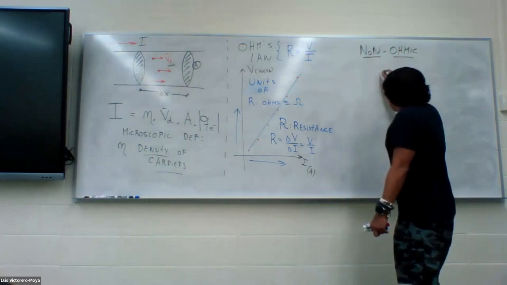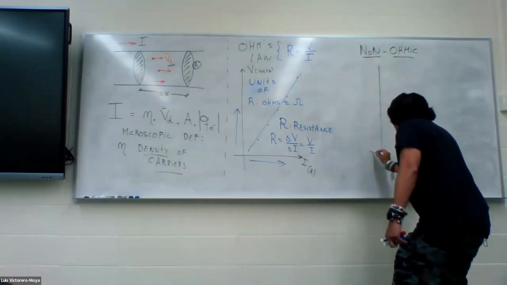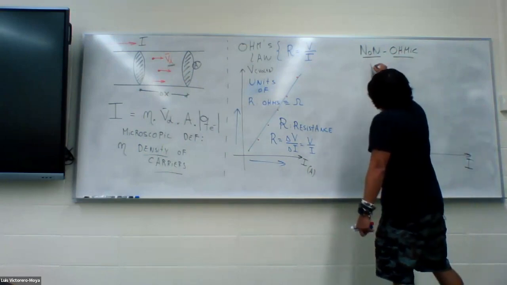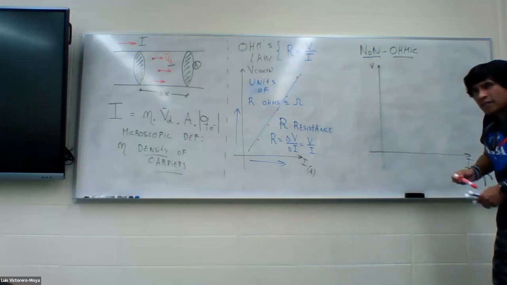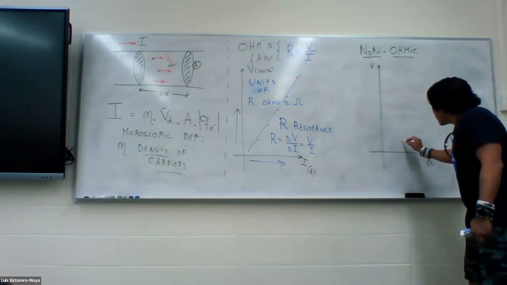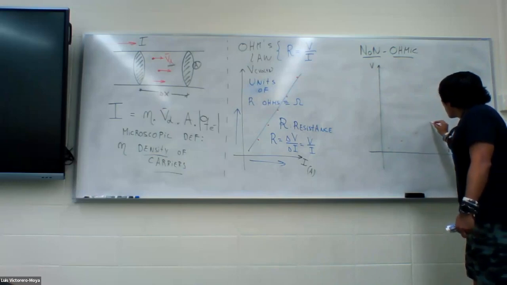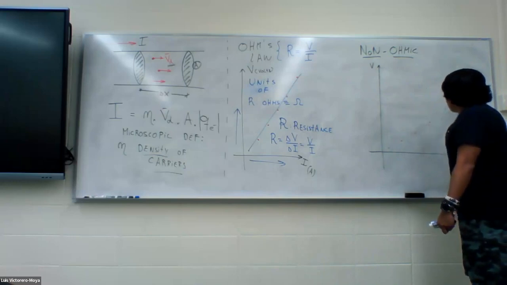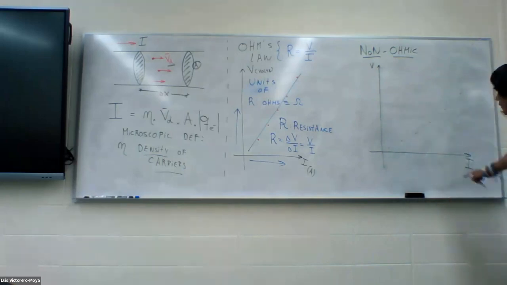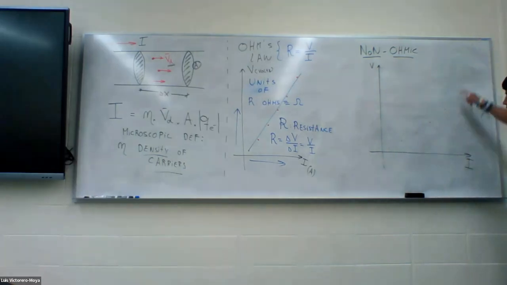If you were to plot V versus I, you will start seeing something that looks like Ohm's law, but then you start seeing this. So it's not really linear.